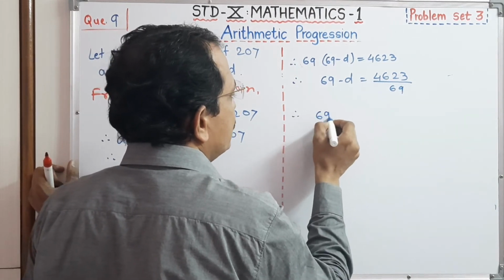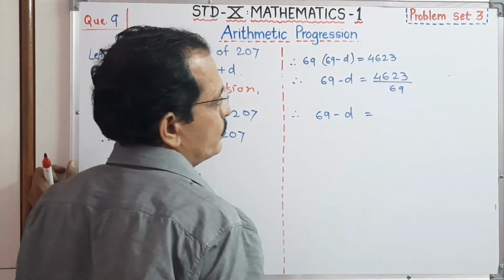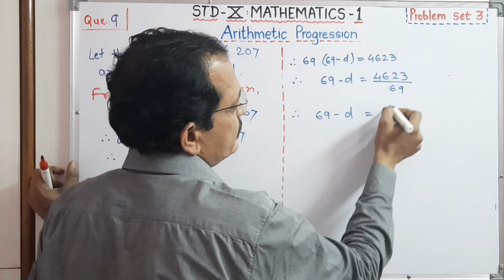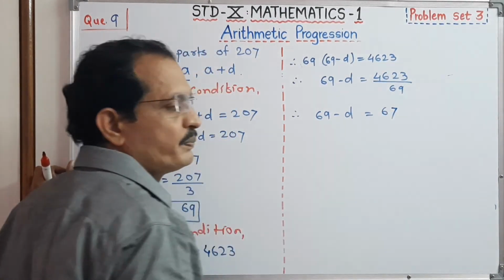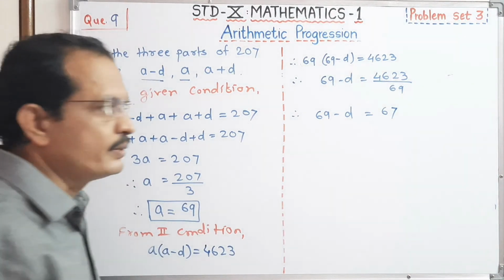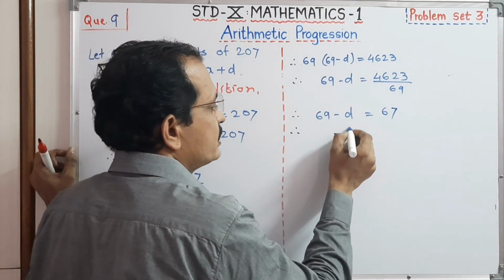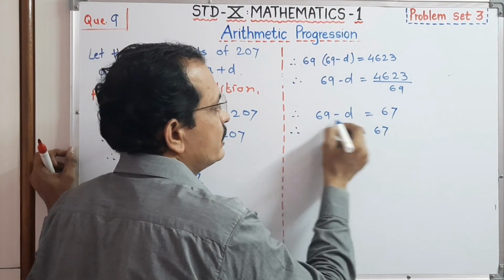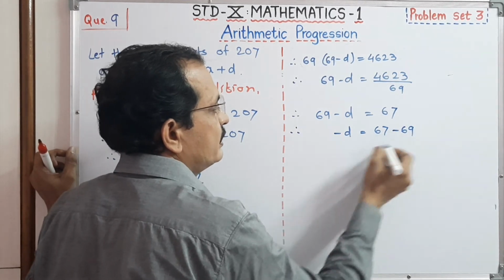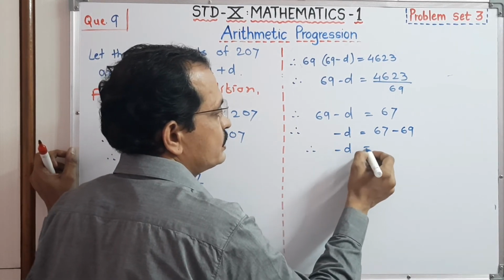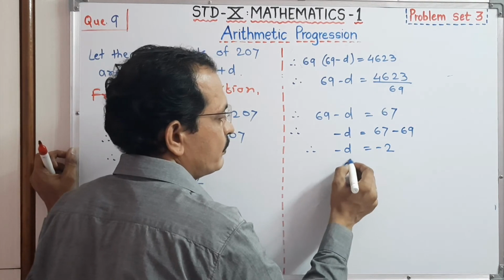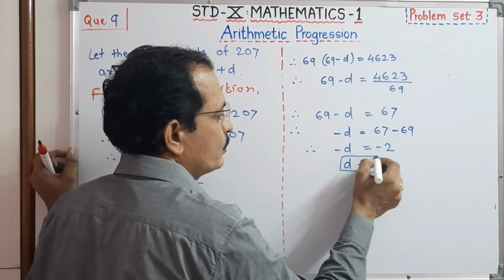Therefore 69 - D is equal to, if we simplify this, 67. Got it? 67. Therefore -D is equal to 67 - 69. Therefore -D is equal to -2. Therefore D is equal to 2.